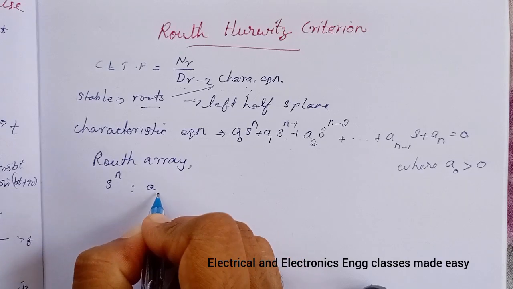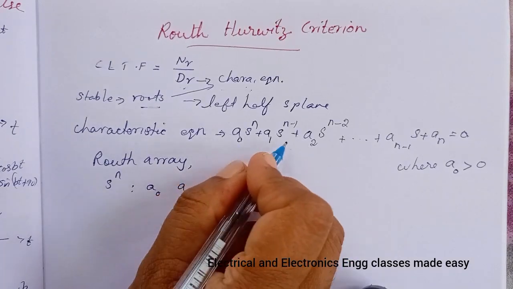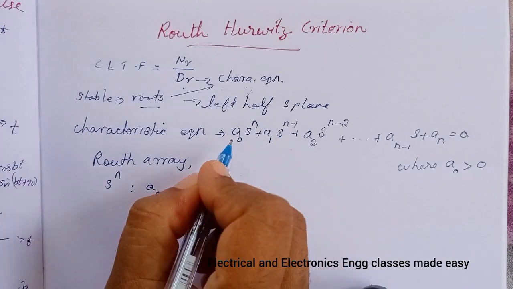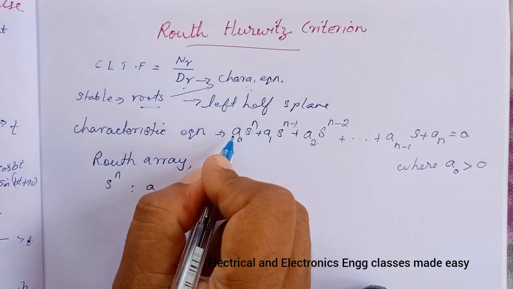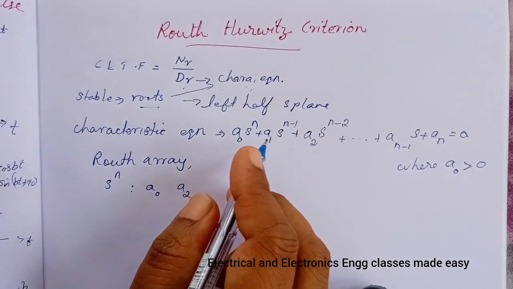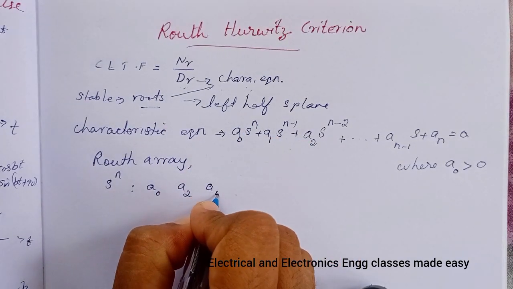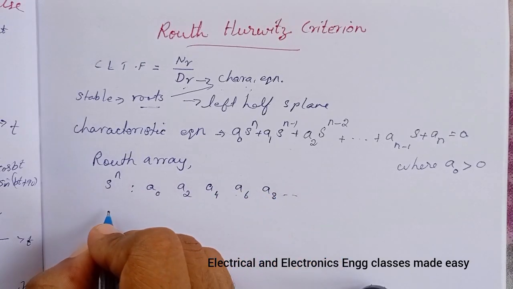Here the coefficients are a0, a2, that is, the first one is a0, the coefficient of the highest power of s. Next is a2, then a4, a6, a8, like that.